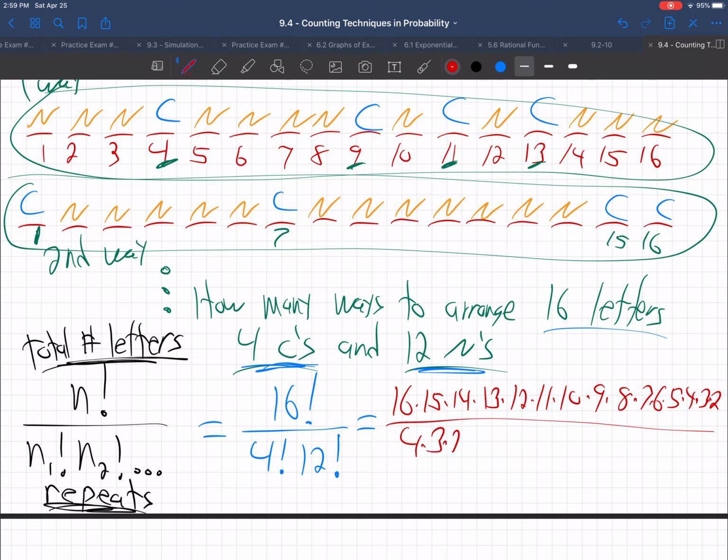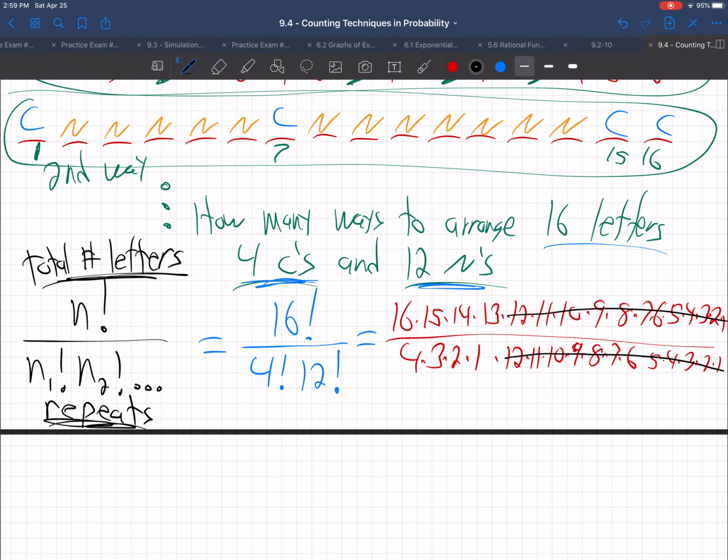On the bottom, 4, 3, 2, 1, and 12, 11, 10, 9, 8, 7, 6, 5, 4, 3, 2, and 1. And do you see how we can do this easily? The 12 on down to 1, 12 on down to 1 cancel, don't they? So then you just multiply out the rest on the top. You just use your calculator now.